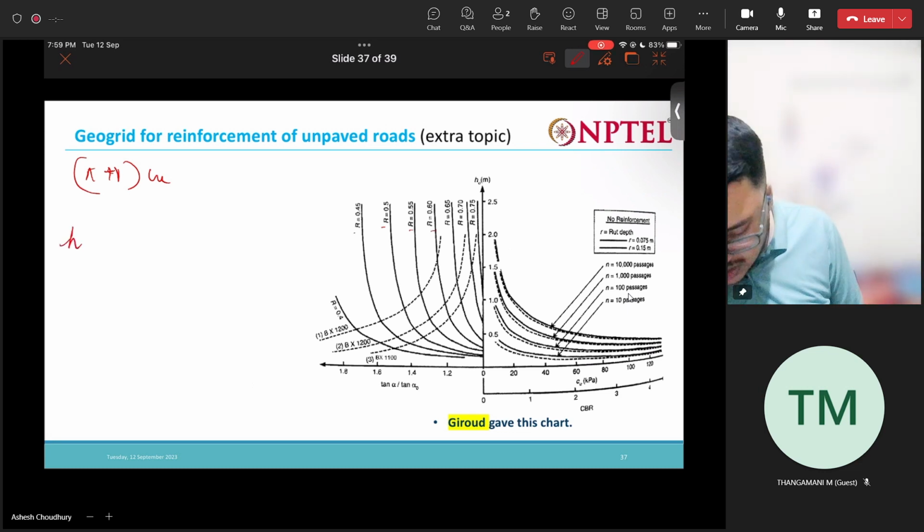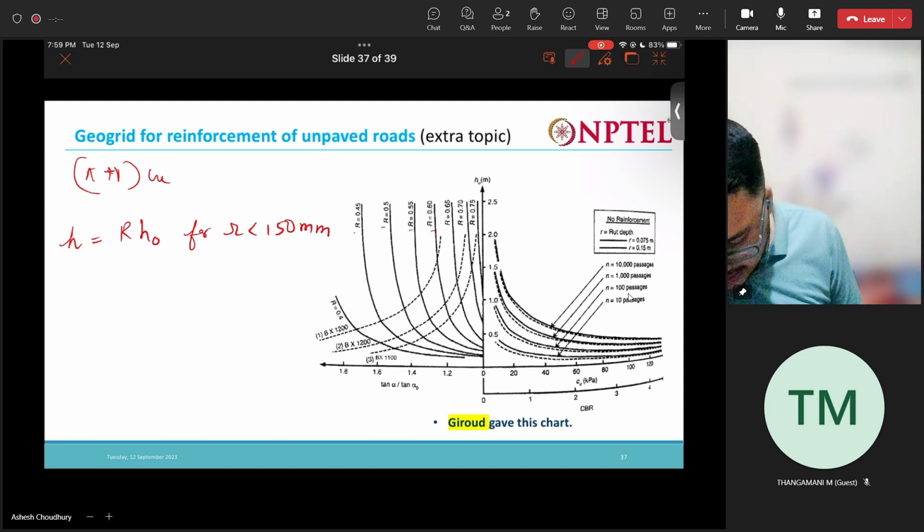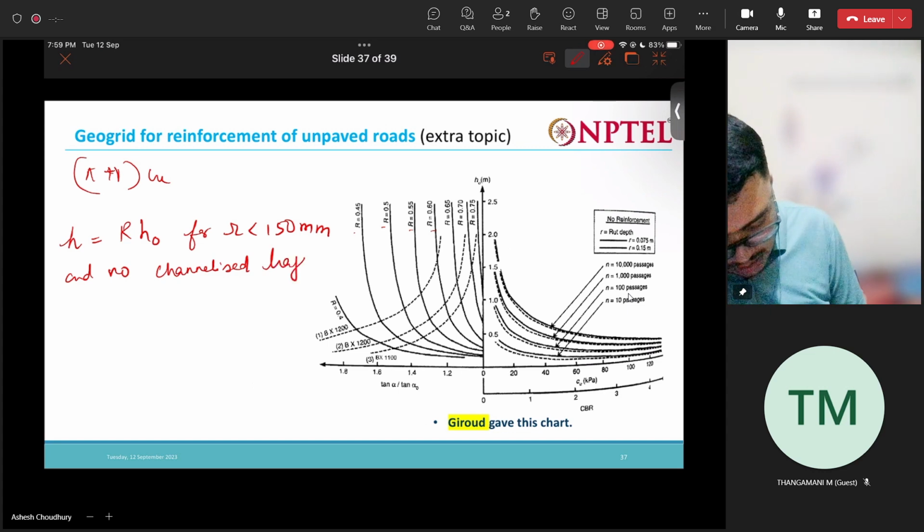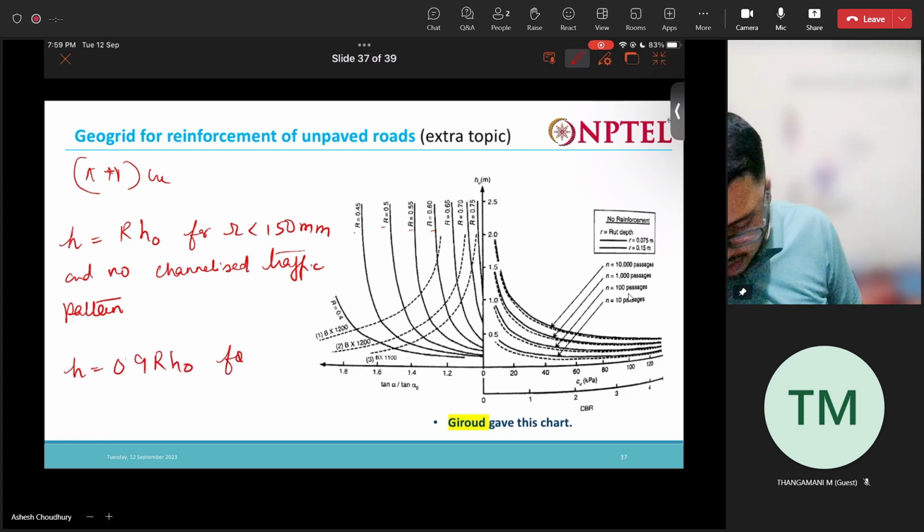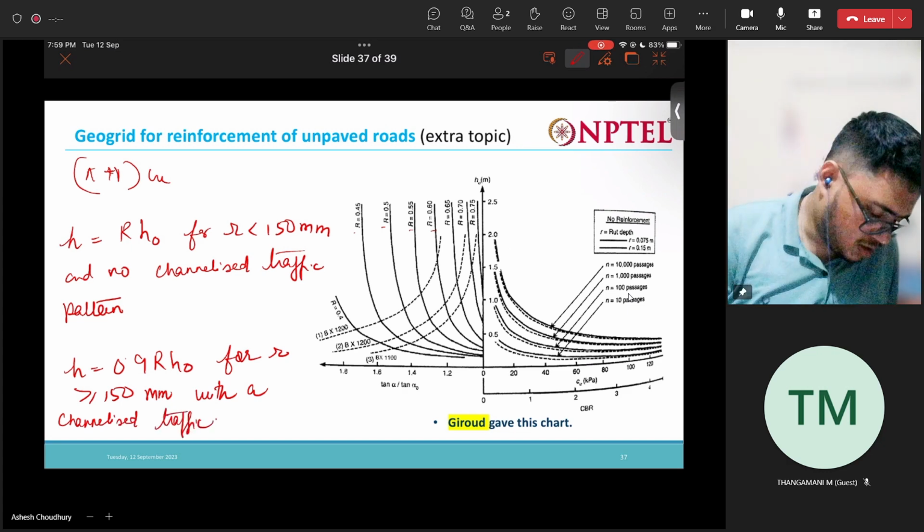This R is nothing but: H, our reduced depth, is equal to R into H naught for rut depth less than 150 mm and no channelized traffic pattern, and H is equal to 0.9 times R into H naught for rut depth greater than or equal to 150 mm with a generalized traffic pattern.